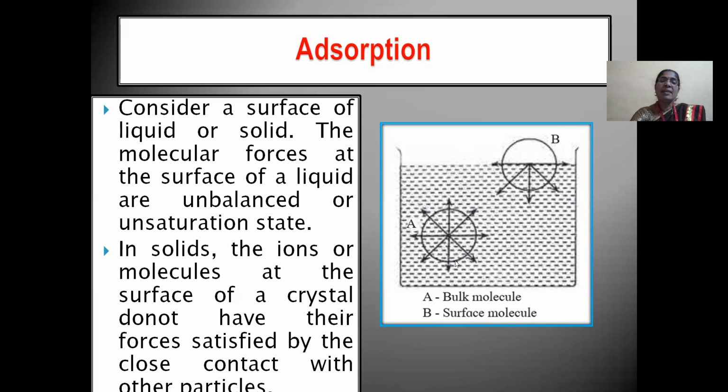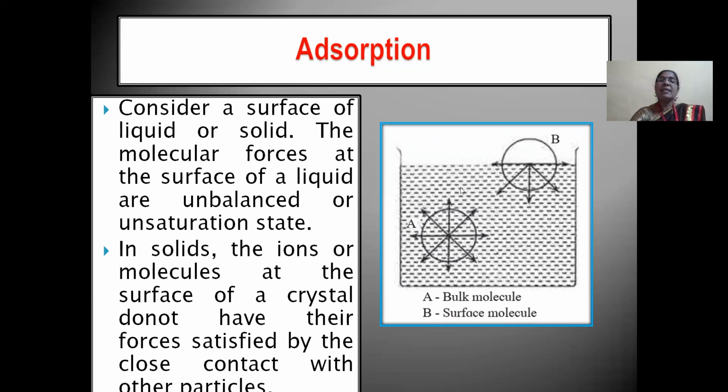This bulk particle is therefore uniformly attracted from all sides by the surrounding particles. That is why particles in the bulk of a solid or liquid have all their forces satisfied by union with other particles.